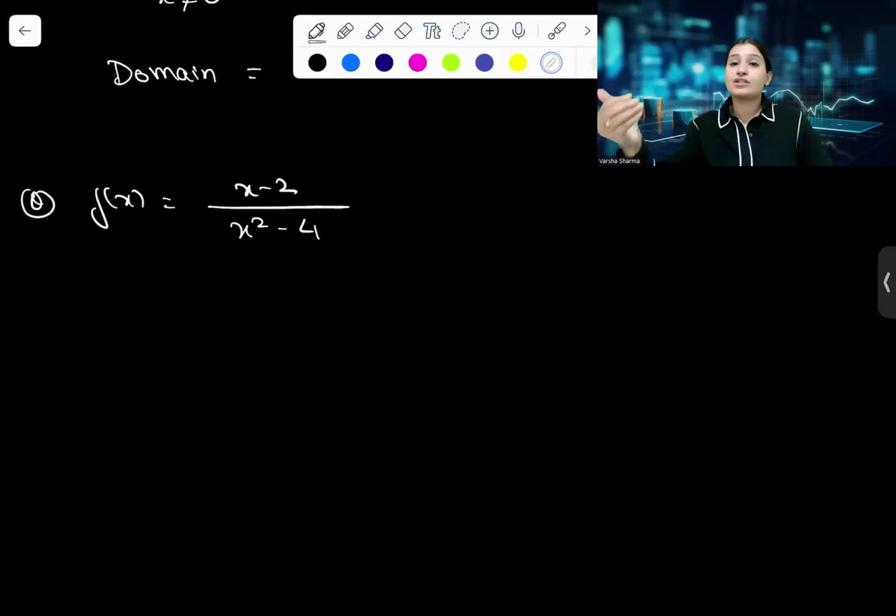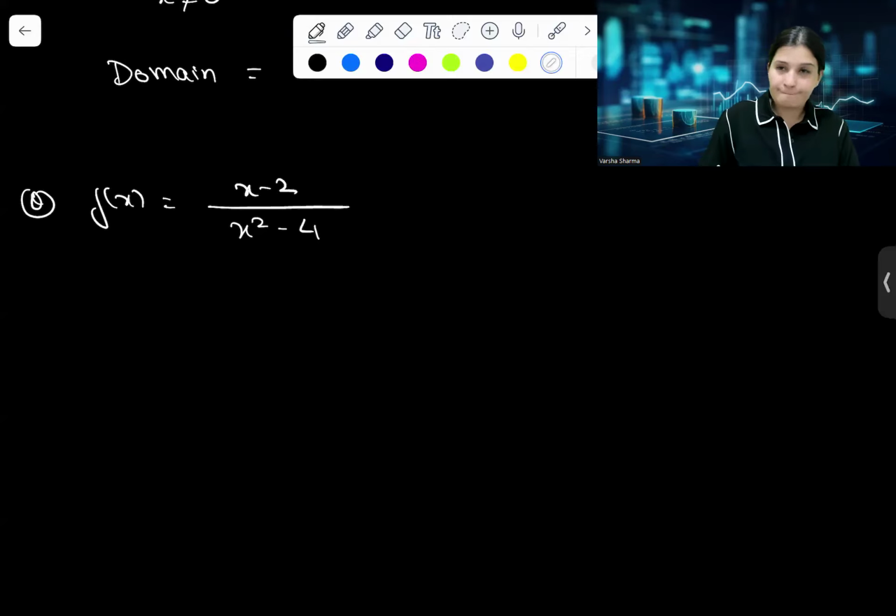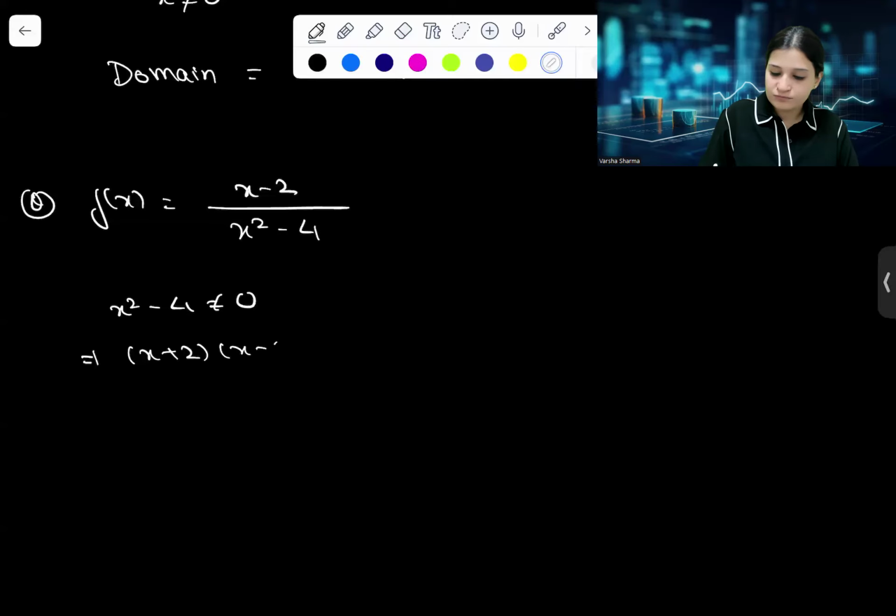So in this case, domain. How should I proceed? What should I do? x square minus 4 not equal to 0. This is x plus 2, x minus 2.